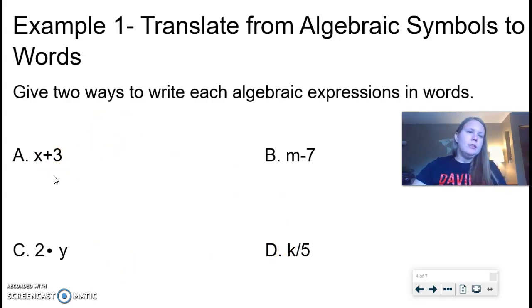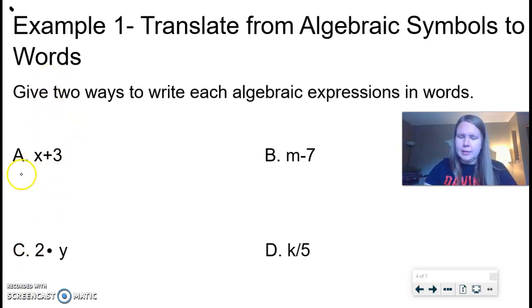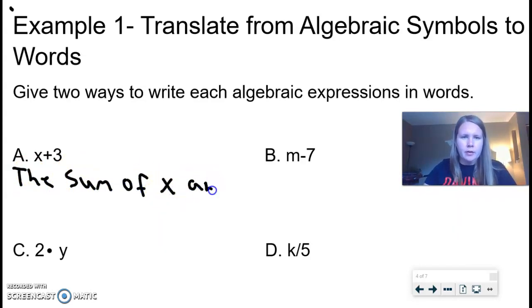So when we look at this first one, we have an addition symbol. So we could use addition, we could use sum, we could use, what else could we use? Gained, because you get larger. All those would be the ways that we could describe this. And for A, I would probably say something like the sum of x and 3.